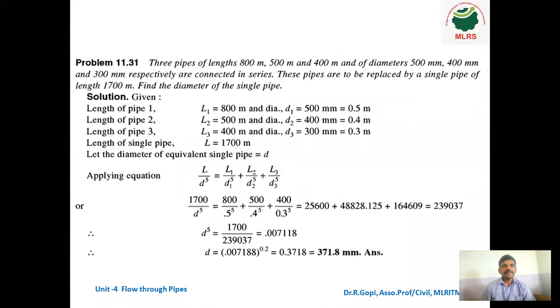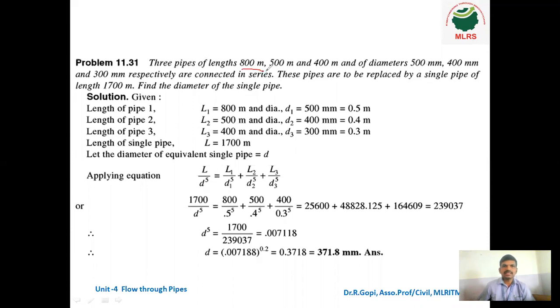There are 3 pipes of lengths 800 meter, 500 meter and 400 meter, and of diameters 500 mm, 400 mm, 300 mm.